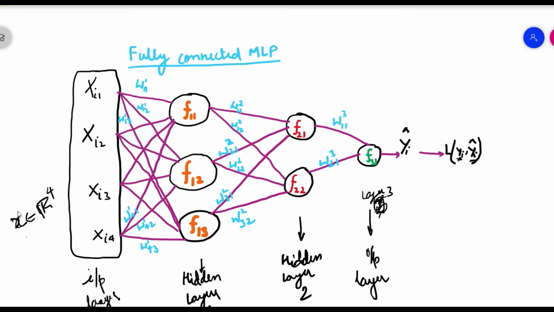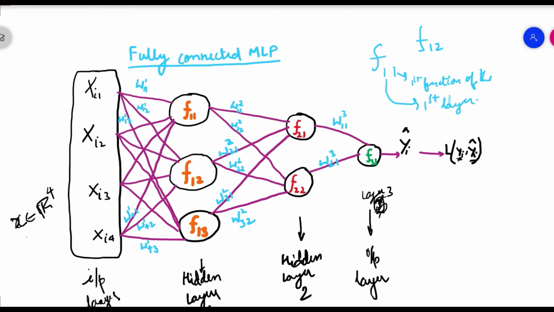If we are representing F11, this one represents the first function of the first layer. If it is F12, then what does it represent?